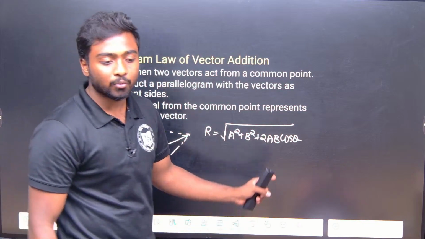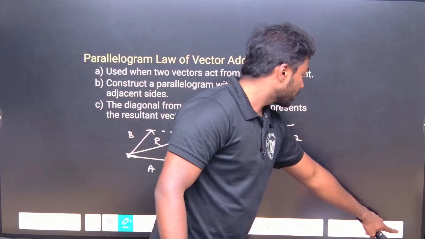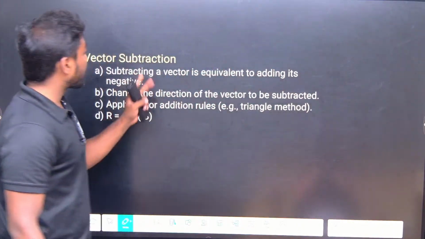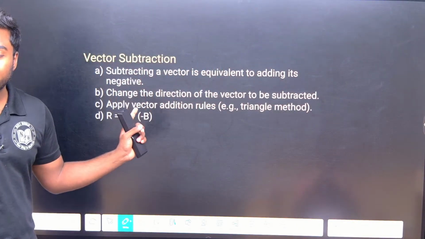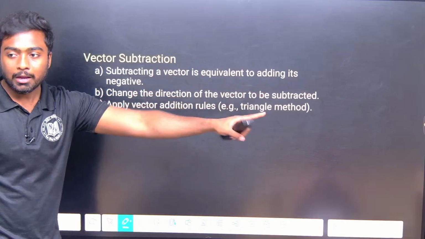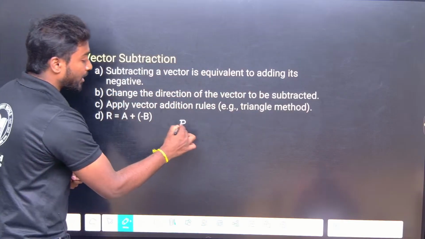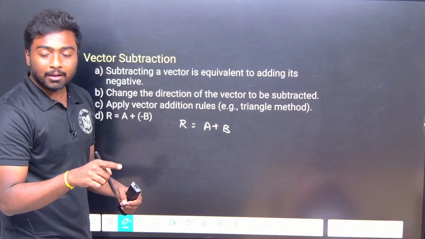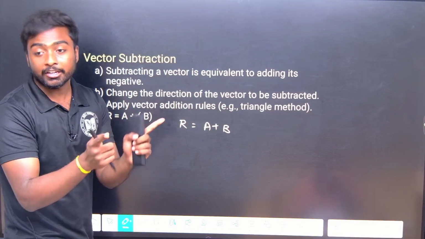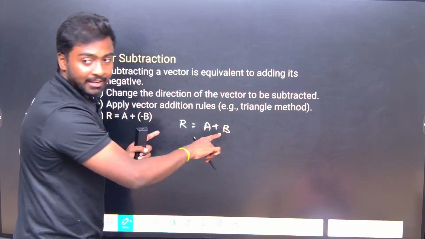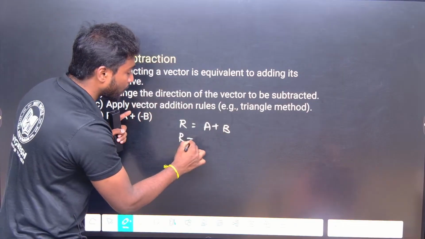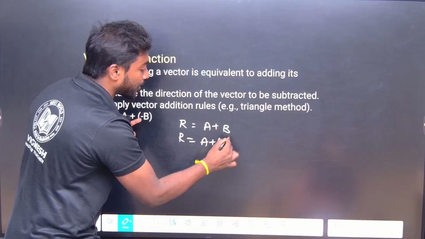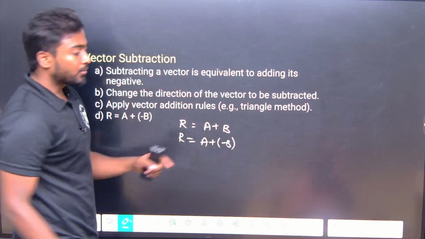Keep in mind cos 180 is minus 1. Now the vector subtraction. So vector subtraction, like addition we have done, no? Addition we have done. So resultant equals A plus B is the addition one. So subtraction means I am subtracting the two vectors. Here B is negative. R is equal to A plus minus B. Okay, minus B. So what is the formula?